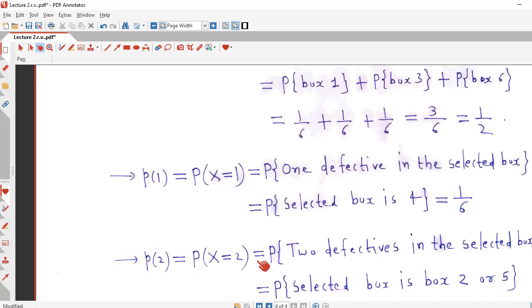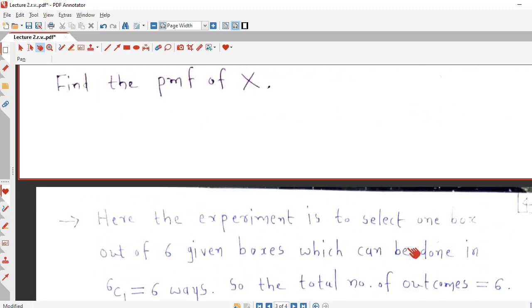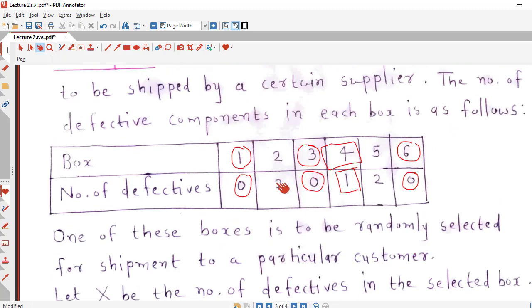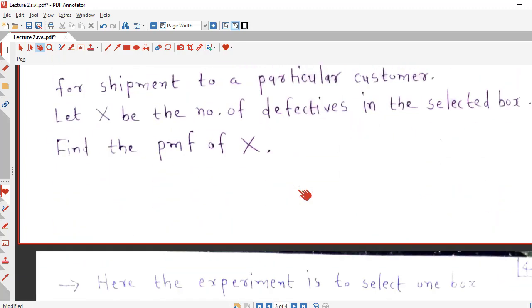Similarly, P of 2 equal to probability that there are 2 defectives in the selected box. So again we have to search which boxes have 2 defectives. So box number 2 and 5 have 2 defectives.